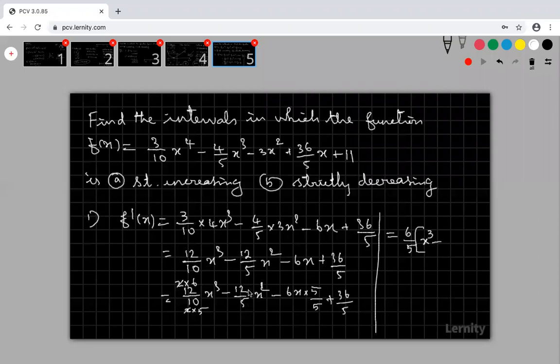Minus, here 2 into 6, with 6 by 5 taken outside, minus 2x square. Minus, here 6 by 5 already taken outside, therefore minus 5x. And here, 36 by 5 is 6 into 6 by 5, with 6 by 5 already taken outside, this is plus 6. Are you okay? Are you clear?